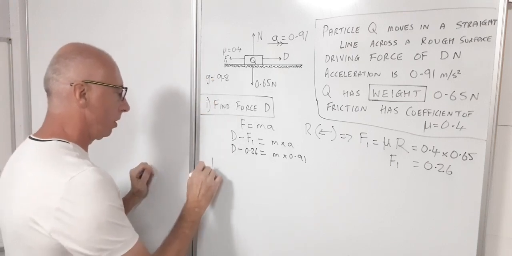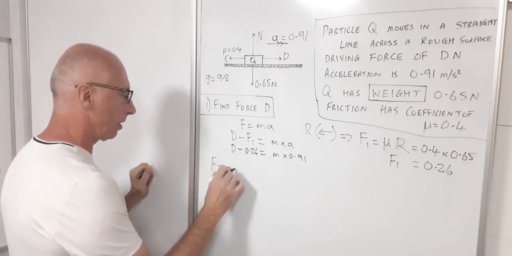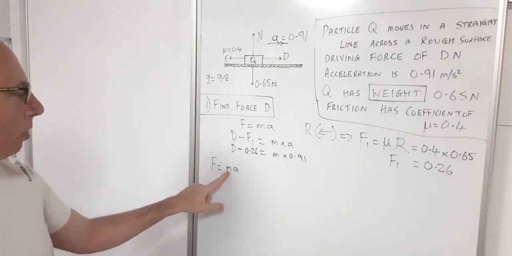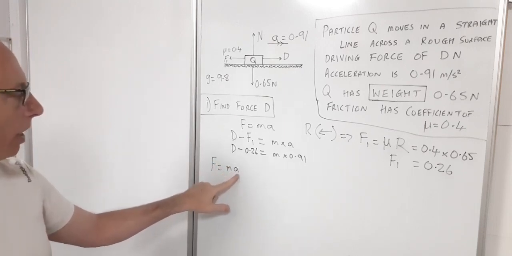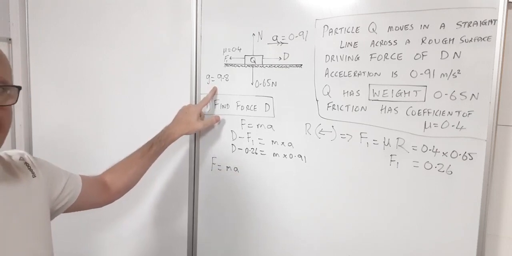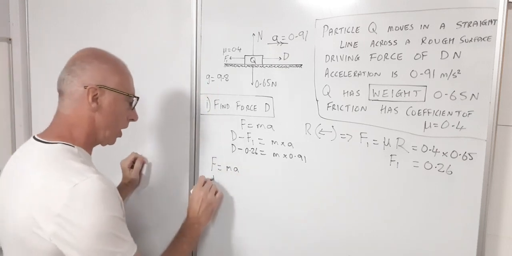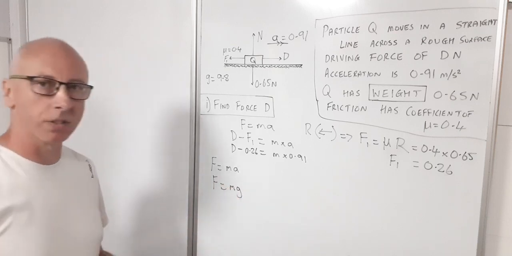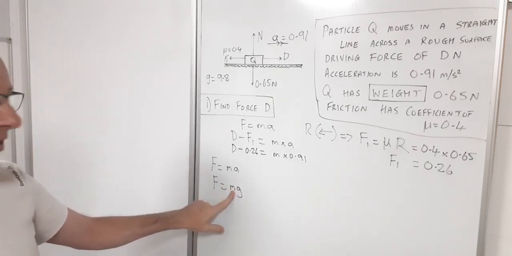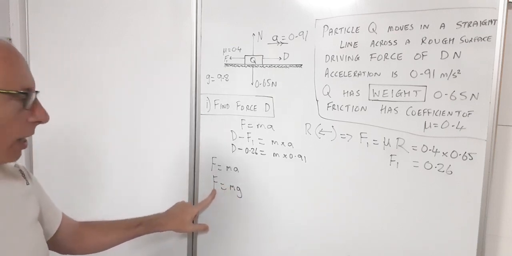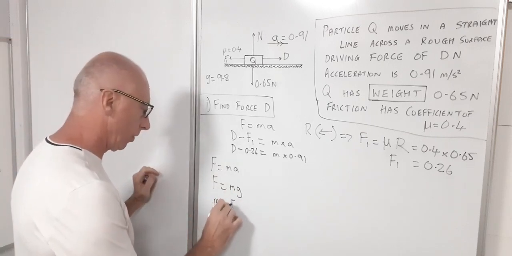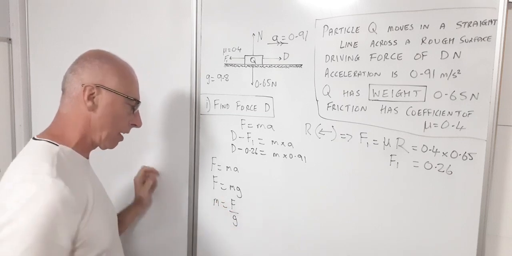So we know force equals mass times acceleration. We know the force, we don't know the mass, but we know the acceleration because it's the gravitational constant. So we can change that to force equals mass times the gravitational constant, and then isolate the mass by dividing both sides by g. So mass equals the force divided by gravity.